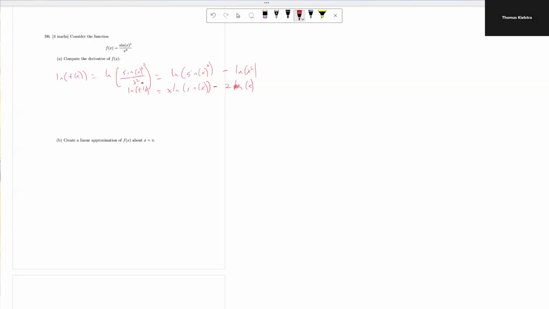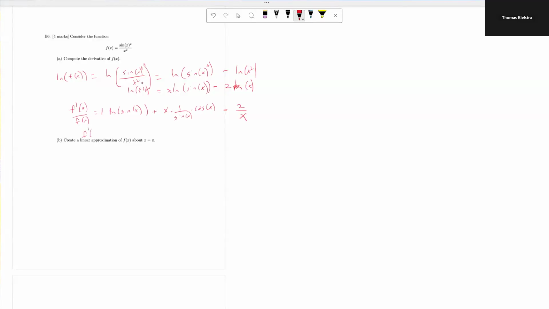Now I can take the derivative of both sides, giving me f prime of x over f of x equals, and now here I do a product rule, so 1 times ln sine of x plus x times 1 over sine of x times cos of x, minus 2 over x.